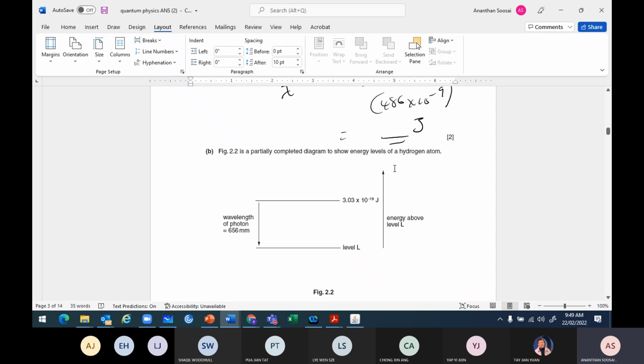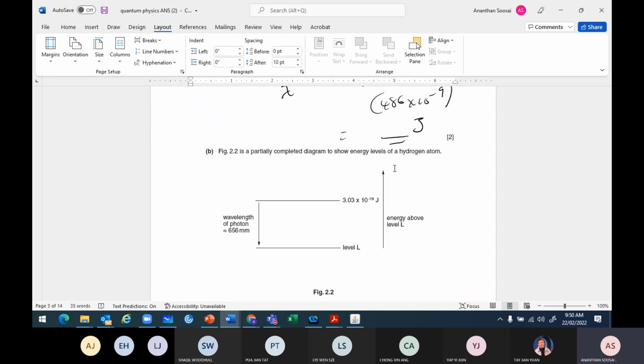So you need to draw the 1880 and the other one, one with a longer wavelength than this and one with a shorter wavelength than this. So we draw the third energy level, up or in between. We're going to get another two wavelengths: one should be longer than this, one should be shorter than this.